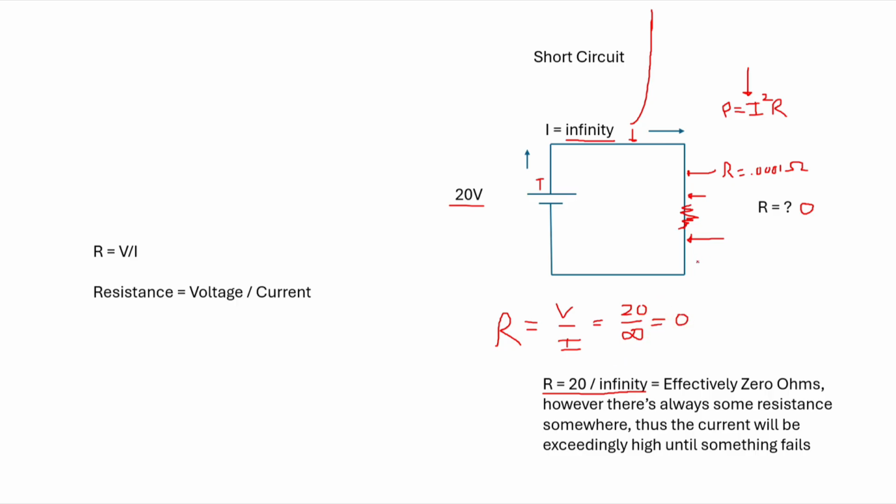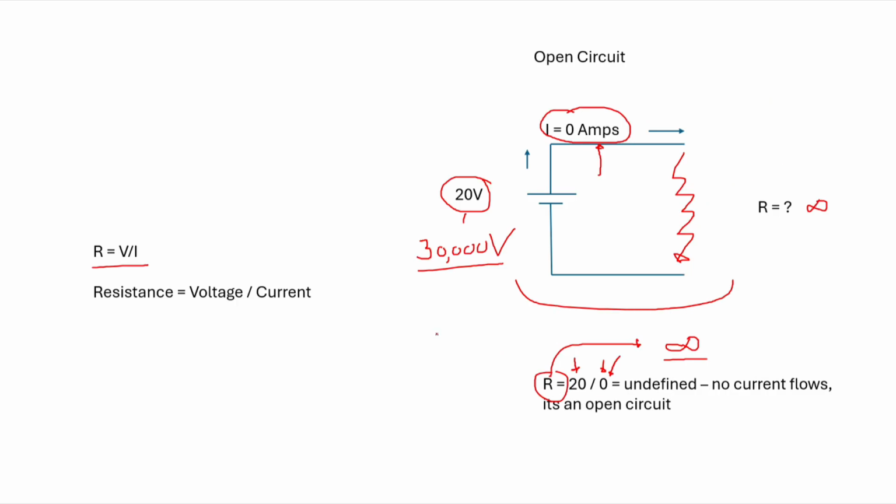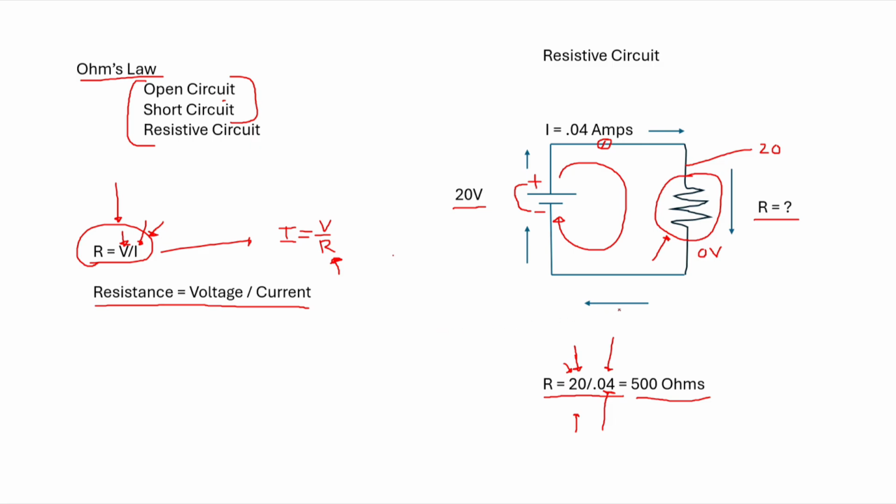But again, it's not practical because something's going to burn up before we reach 0 and before current reaches infinity. Okay. Hope I didn't confuse you there. Everything I said is true, but I just wanted to clarify the difference.